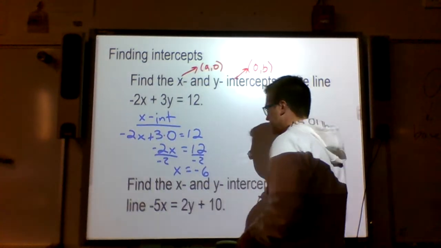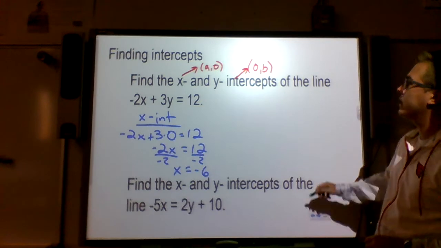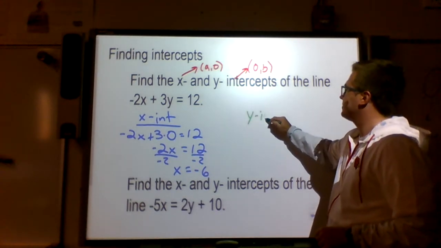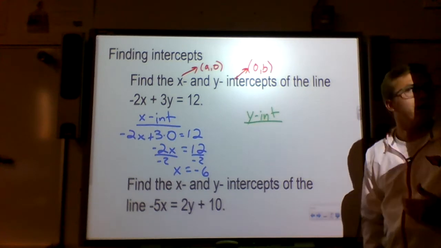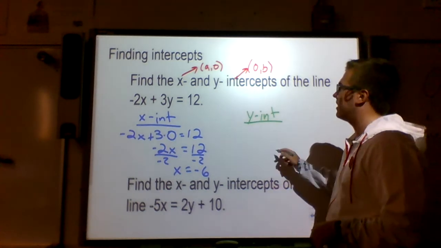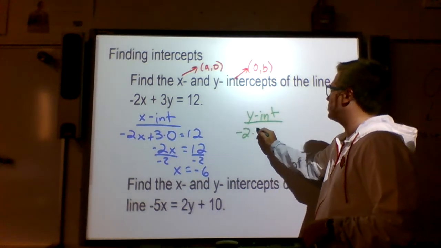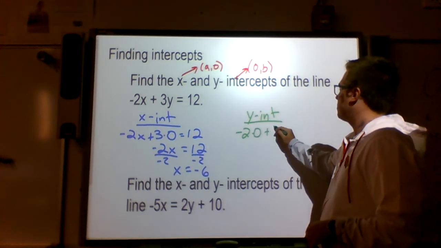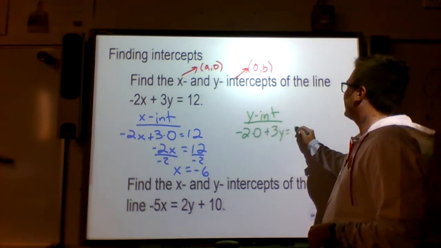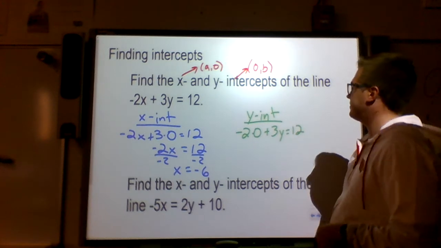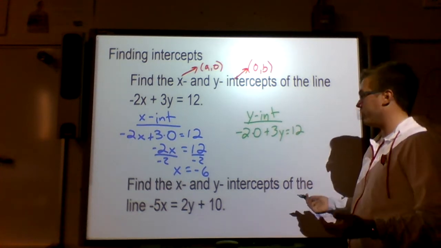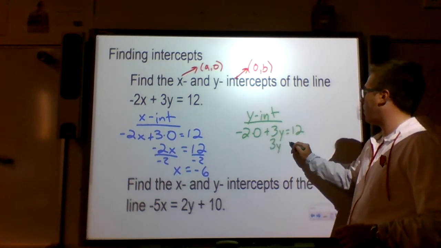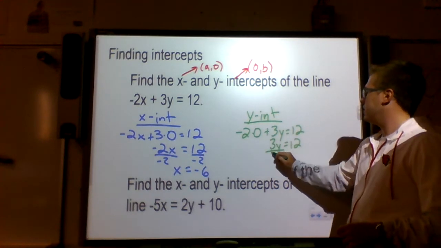All right, same type of thing with my y-intercept. My y-intercept, the only difference is I'm plugging 0 in for x instead of y. So I've got negative 2 times 0 plus 3y equals 12. Negative 2 times 0 is 0, so I'm just left with 3y equals 12.